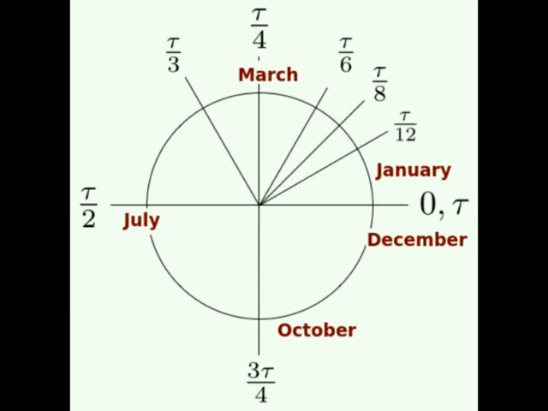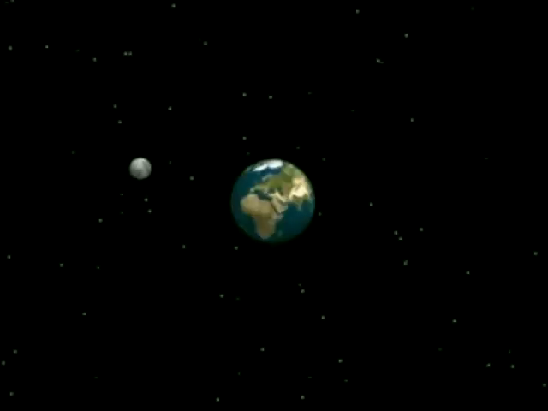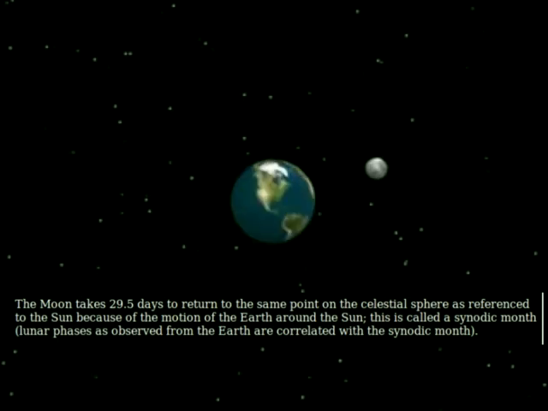How long does it take the moon to go around the earth? The moon rotates completely around the celestial sphere once in about 27.3 days.